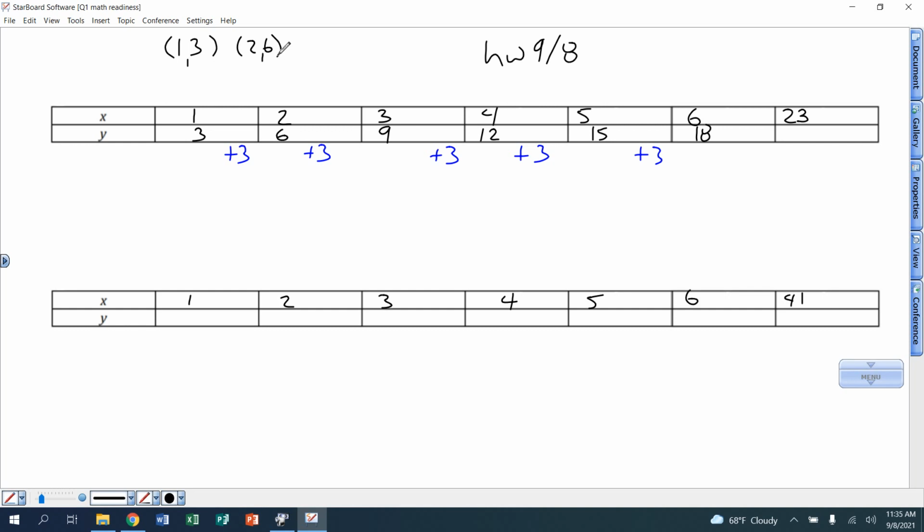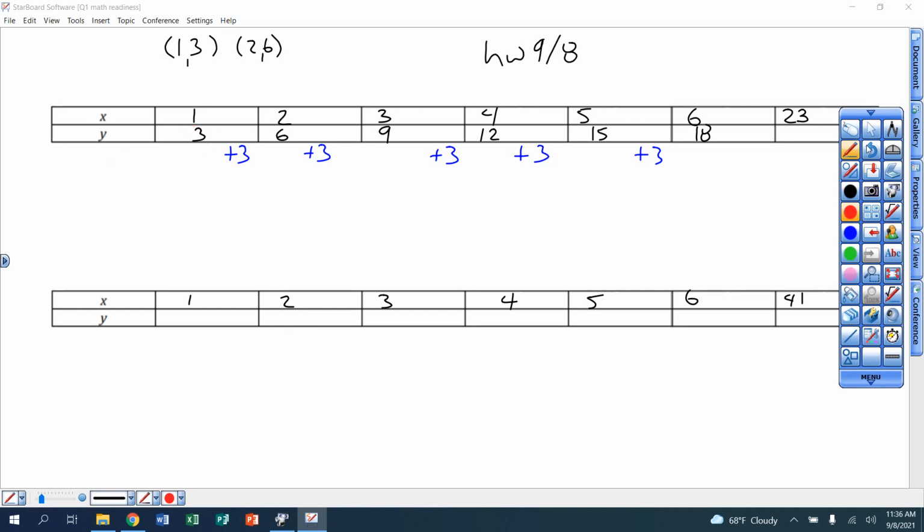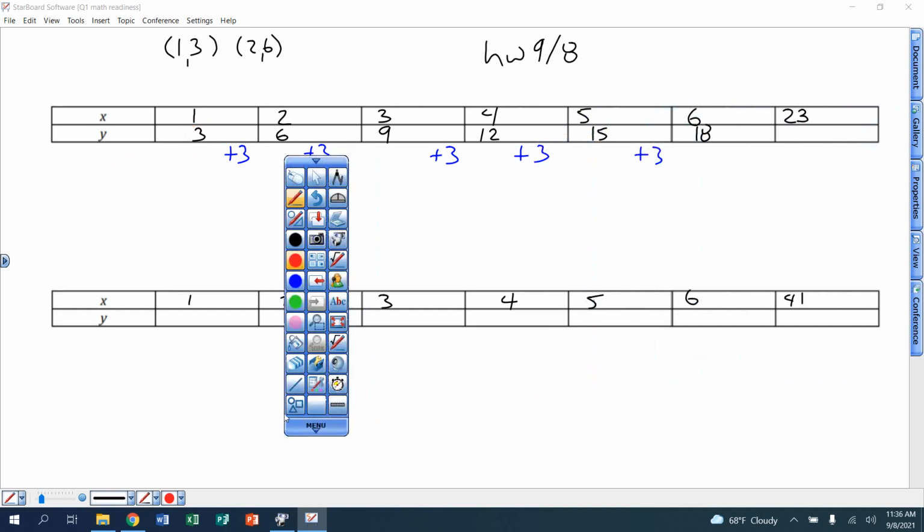So if I go back and do the opposite of adding 3, subtracting 3 from this number right here, 3 minus 3, that will give me 0. So if I go back to the 0 term, taking away 3, it shows me that this is 0. And that right away tells me this is proportional.